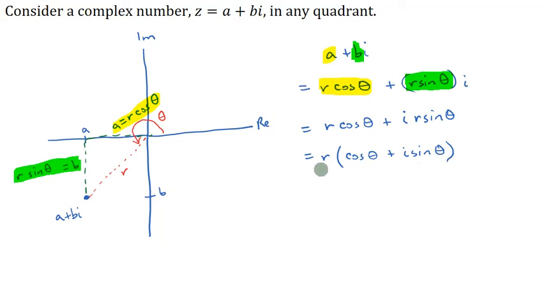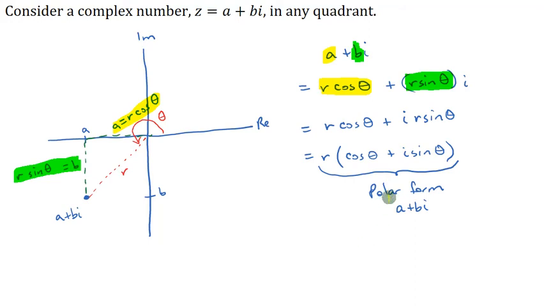And so this is the polar form of the complex number a plus bi, and all we've done is written a using r and theta, and we wrote b using r and theta, and then we factored the r out to separate the modulus from the trig functions.